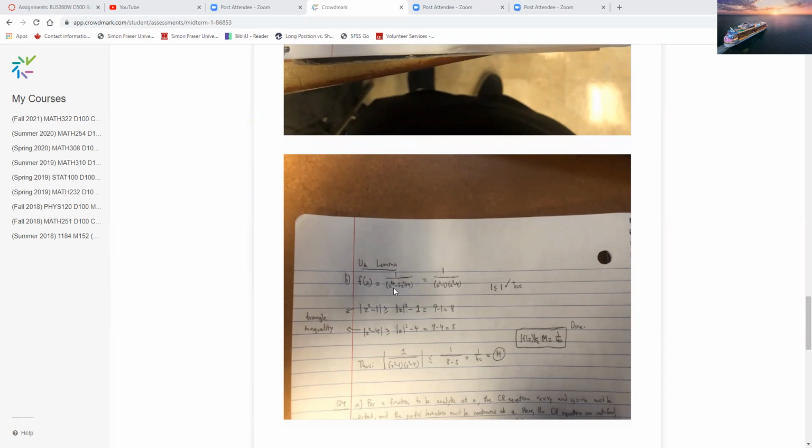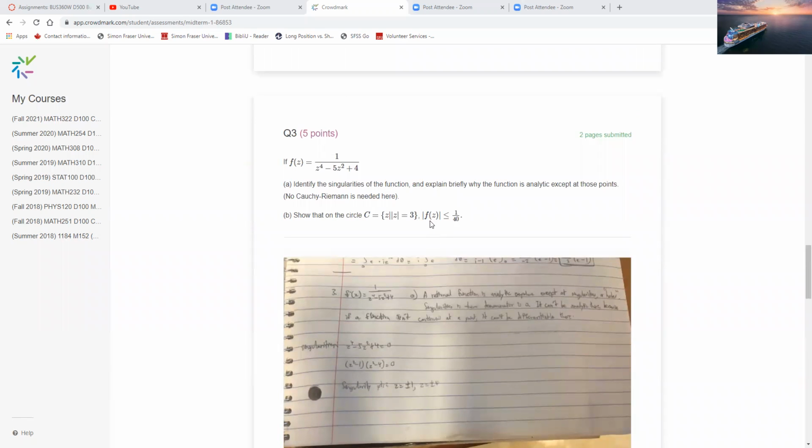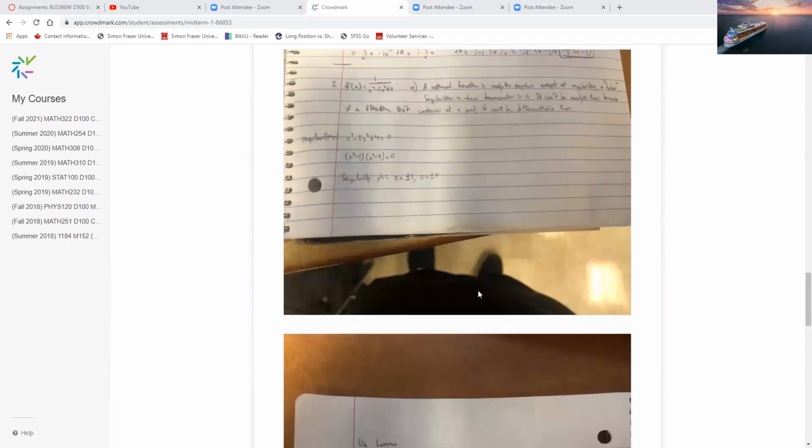So if it had been z to the power of 4 plus 5z squared plus 4, you would have also gotten the numbers 8 and 5 respectively. Then you multiply out the absolute values and you get 1 over 40, which is equal to M, which I showed here.